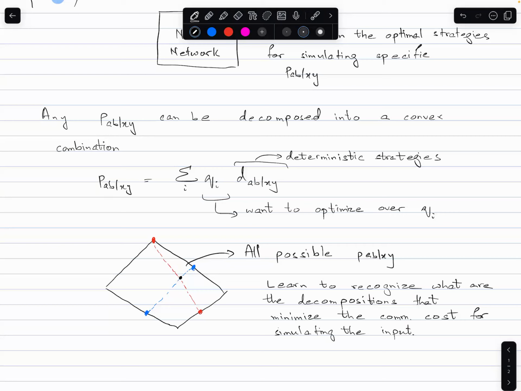And so in some sense, if you could always identify the decomposition that minimizes the communication cost, then as a consequence, we've also figured out the minimal communication cost of this input vector.